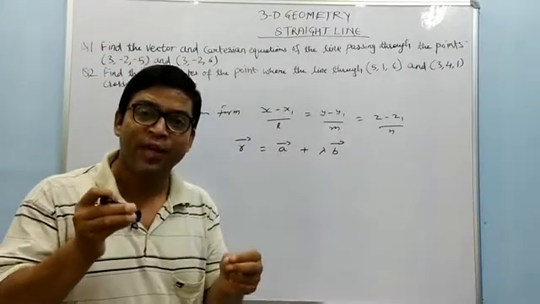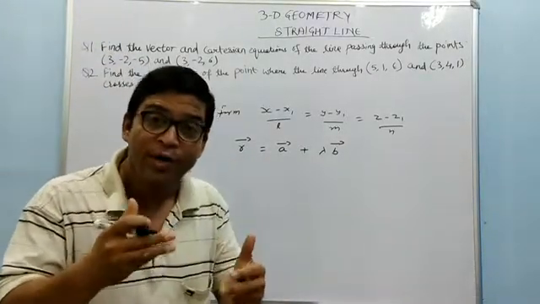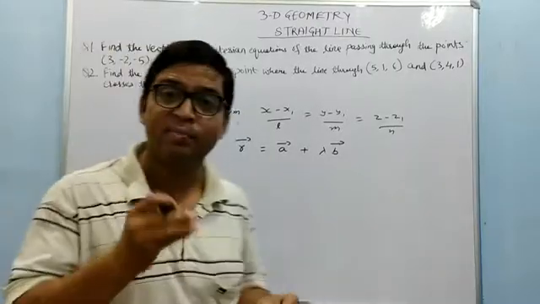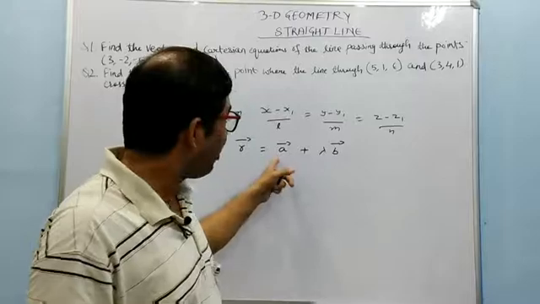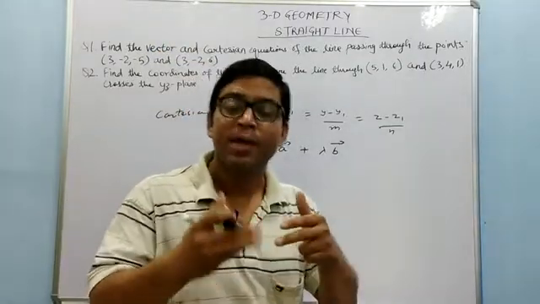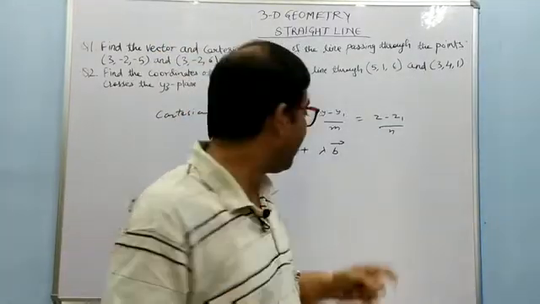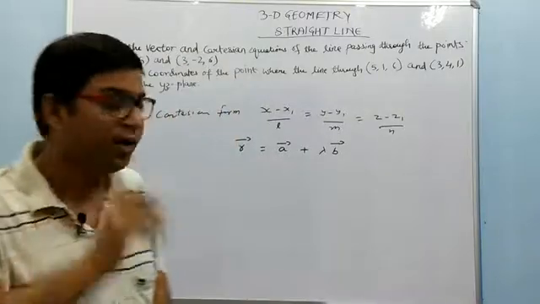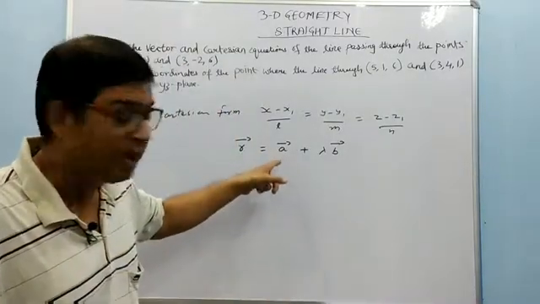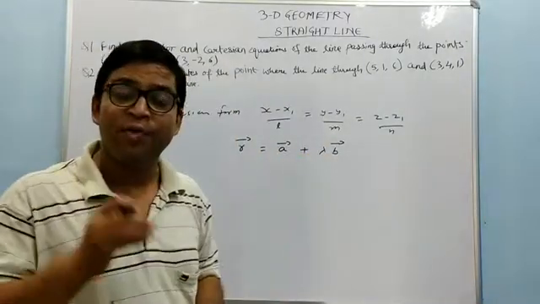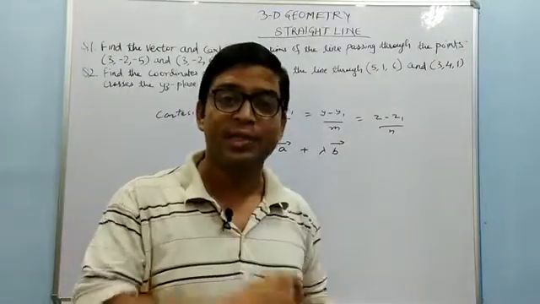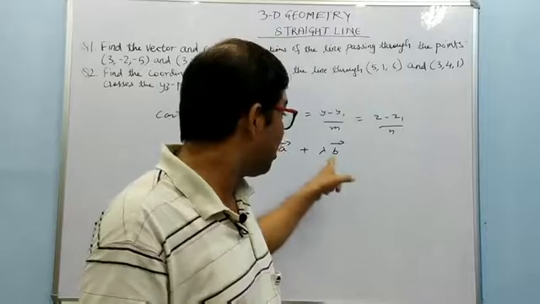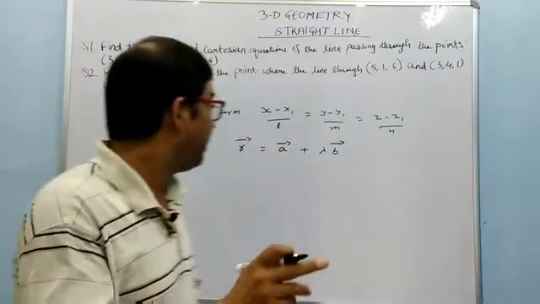A is a vector, a point through which the line is passing. Here the point is x1, y1, z1, so vector A will be x1 i plus y1 j plus z1 k. This is a position vector, be careful. And vector B is a vector to which the line is parallel. It is not a position vector, be careful.